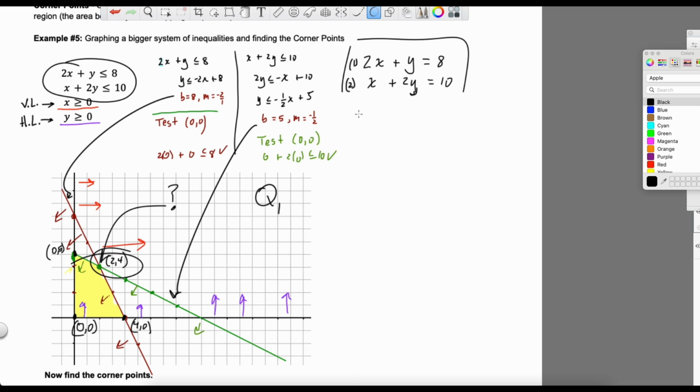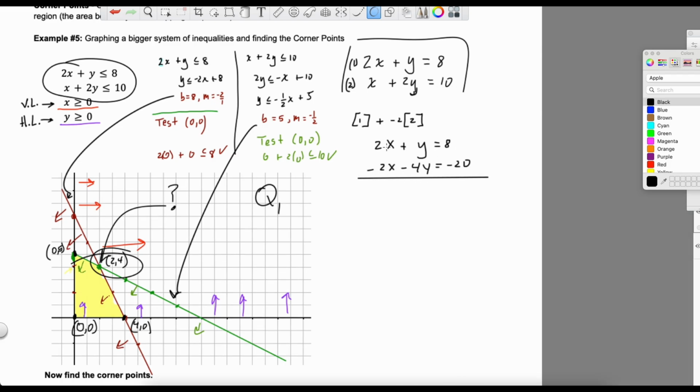In order to eliminate, maybe we multiply through by negative 2 times equation 2, right? So I have 2x plus y equals 8, and then I'm going to multiply negative 2 through here. I get negative 2x minus 4y equals negative 20.